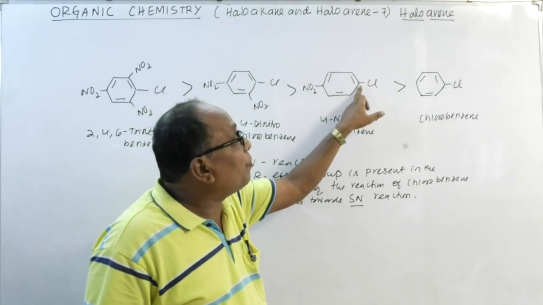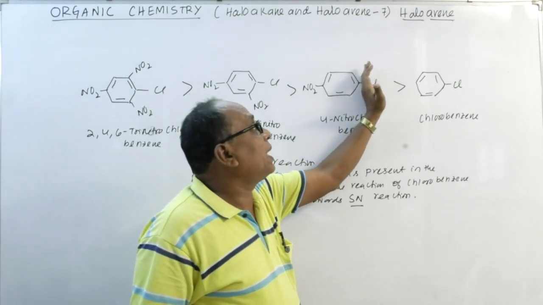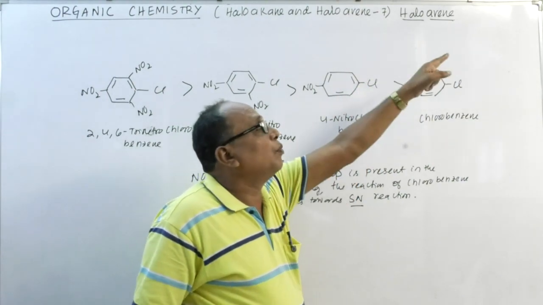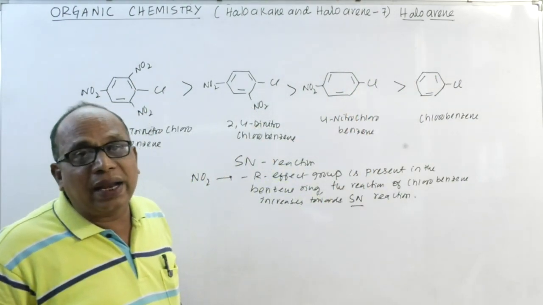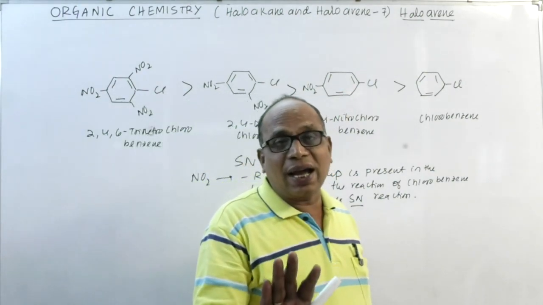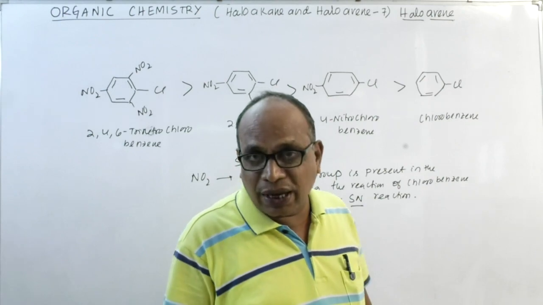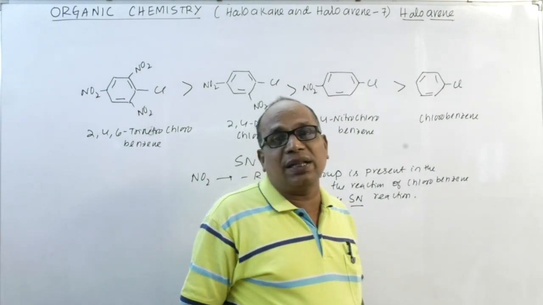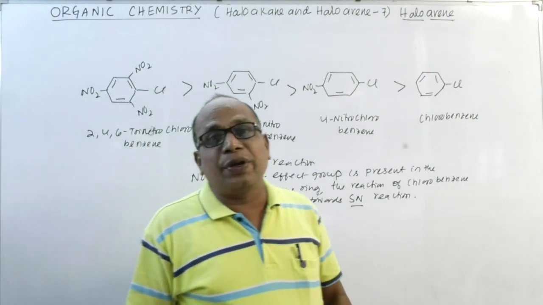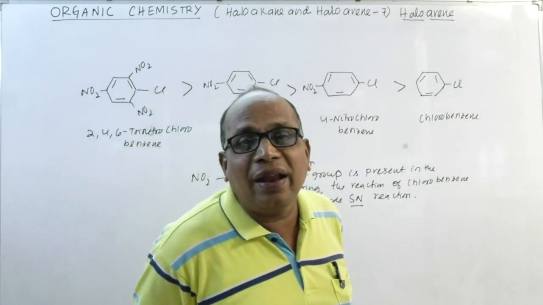When this carbon atom possesses a positive charge, automatically the carbon-chlorine electron cloud moves toward the chlorine, and as a result the chlorine atom possesses a negative charge, not a positive charge. When the chlorine atom possesses the negative charge, it can easily be substituted by a nucleophile.